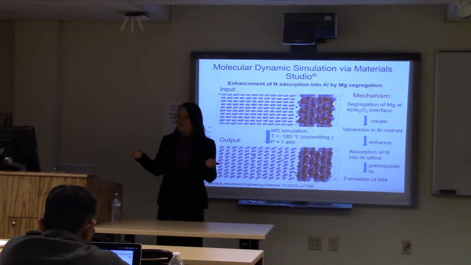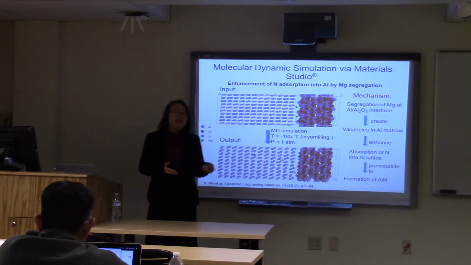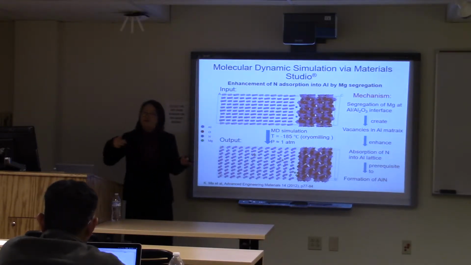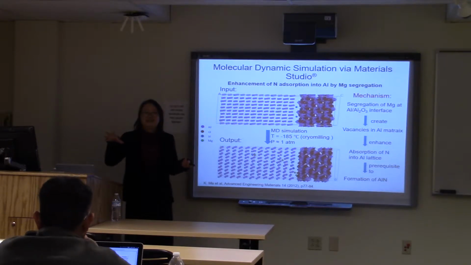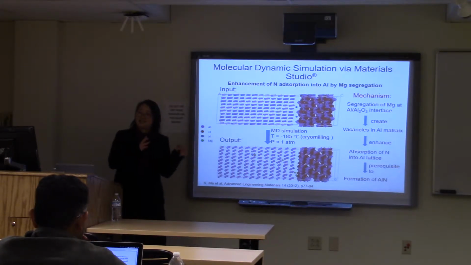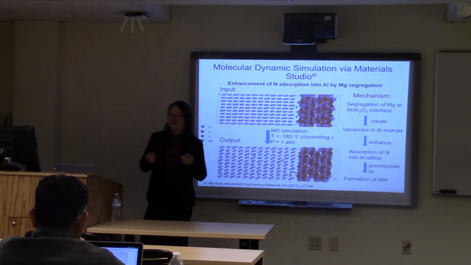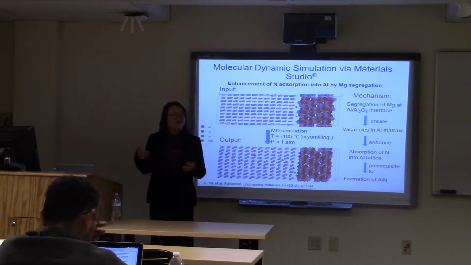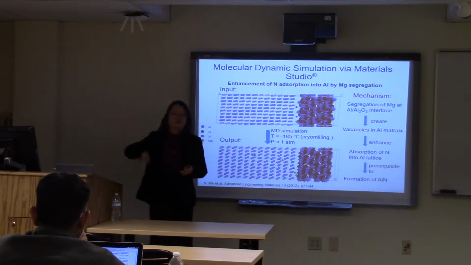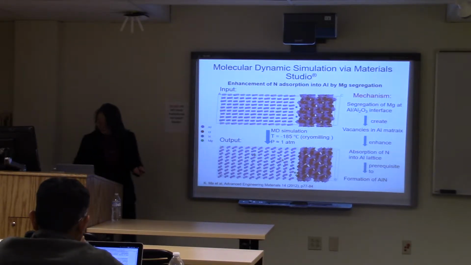You need to break that and then form the aluminum nitride. So my simulation work only provides some insights here. To me, this question still remains. I'm interested to look further into how we can form in situ aluminum nitride just during ball milling there.